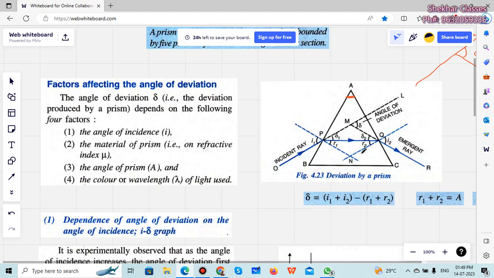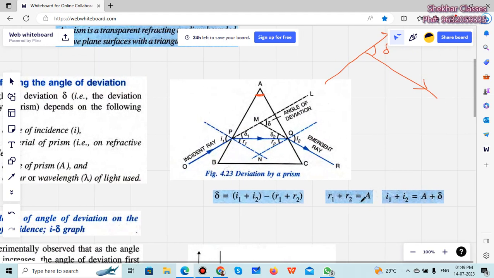So if this angle is more, then what will happen? Basically delta is equal to I1 plus I2 minus angle A. Is that okay? If angle A is more, then deviation will be less.